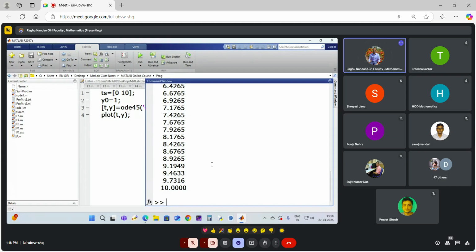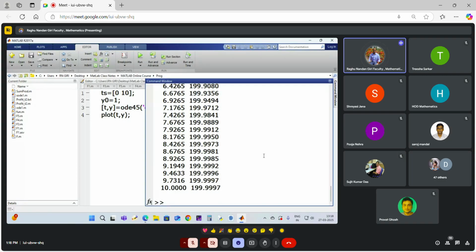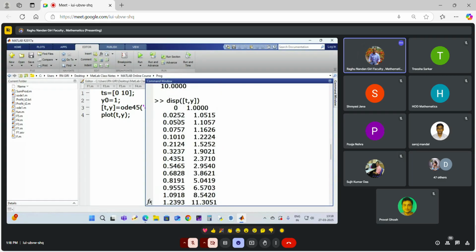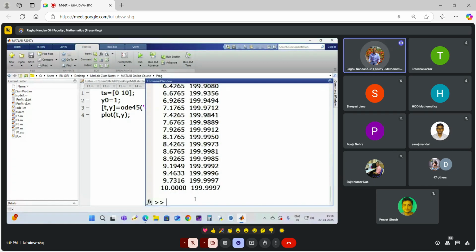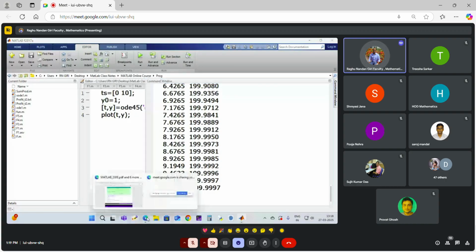Suppose I display t comma y. See, the first is 0, 1, which is the given initial point, then for each t there is a y value.